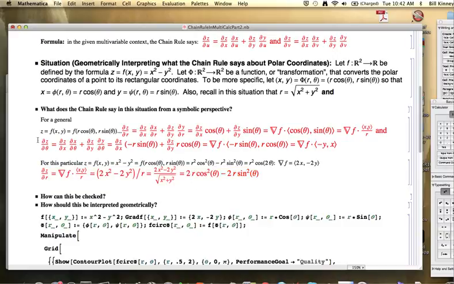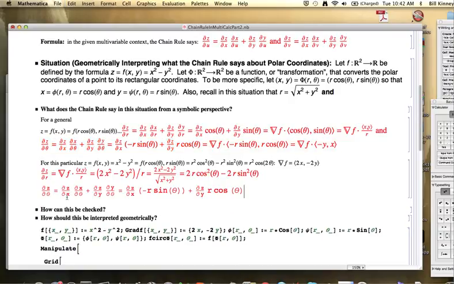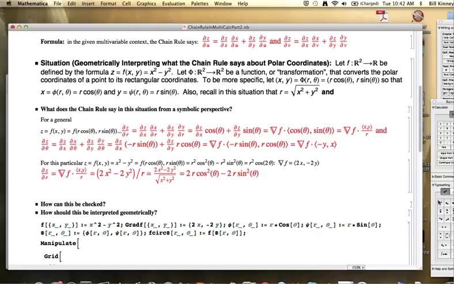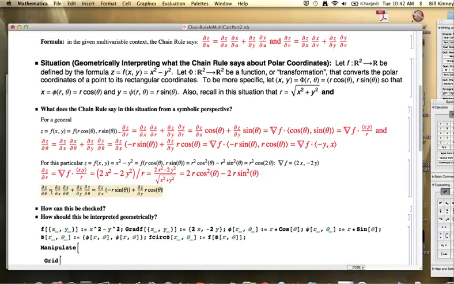And then the other one, put down here, I guess it's not in red here, replace dz dx with 2x, and then replace x with r cos theta. You're going to get a minus 2r, let's see, r squared cos theta sine theta.